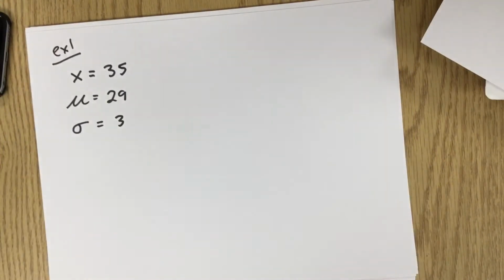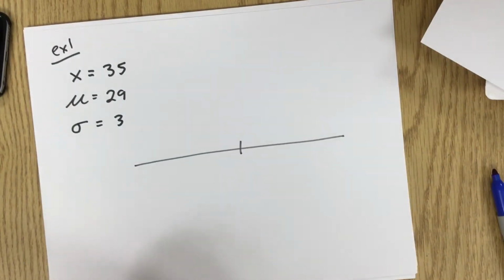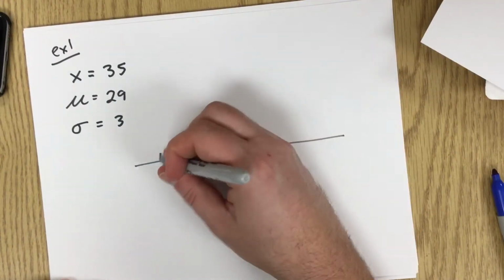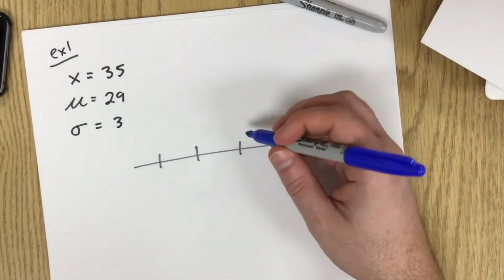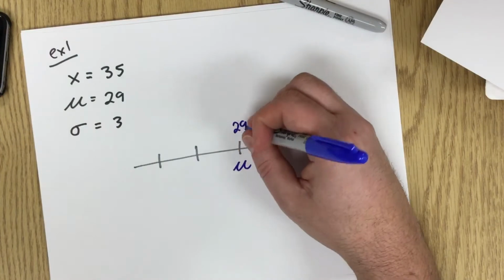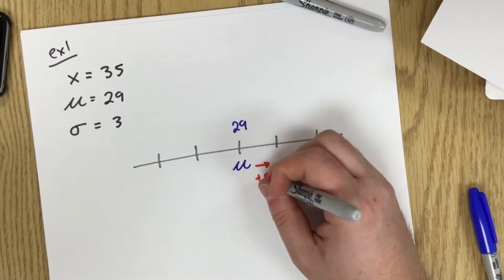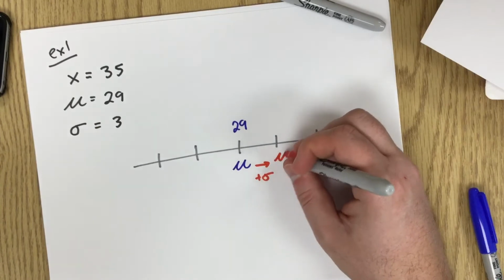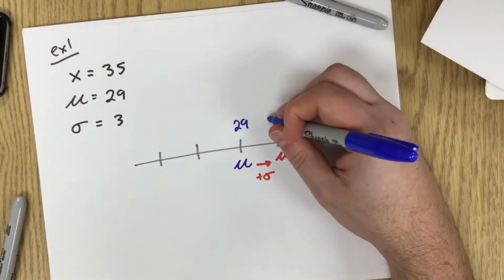So let's say, for example, our point is 35, the mean is 29, and the standard deviation is 3. These are kind of standard deviation lines, I'm going to say. This is the mean over here, and the mean is 29. If we go up one standard deviation, we're at the mean plus a standard deviation, and the standard deviation is 3, so we're at 32.